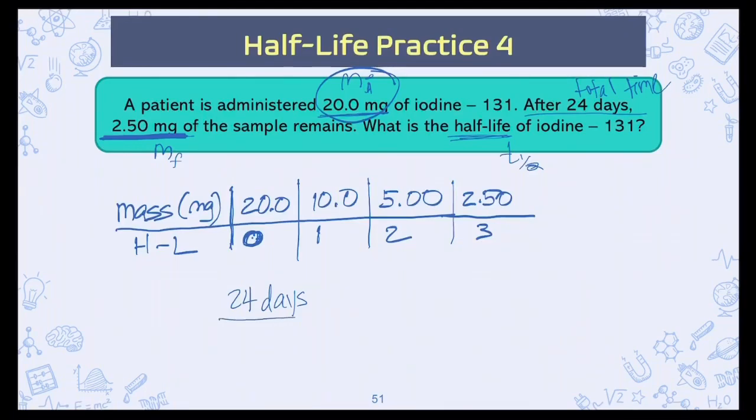So 24 days spans 3 half-lives. And the question is asking, what is the half-life? So how many days are in 1 half-life of iodine 131? So you would divide these two numbers, 24 days divided by 3. That gives us 8 days per half-life. So that's our answer.